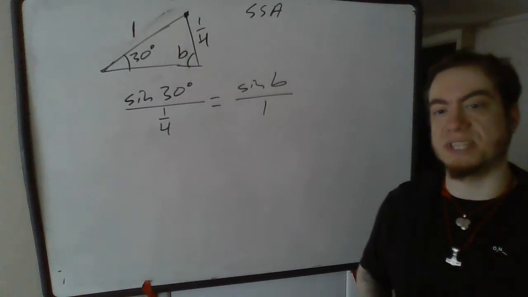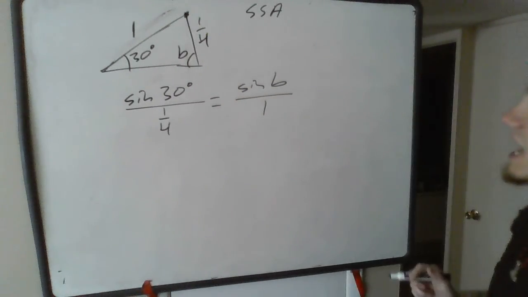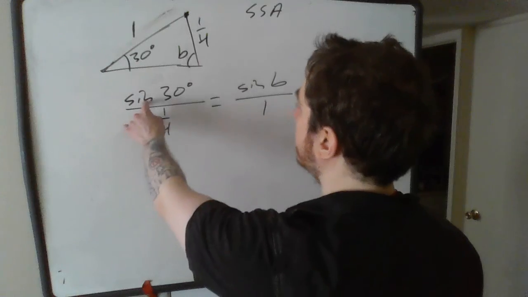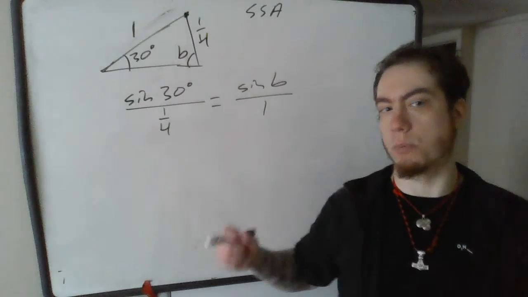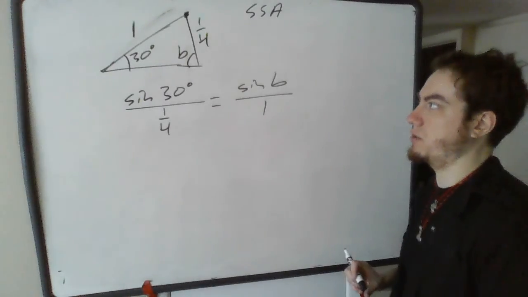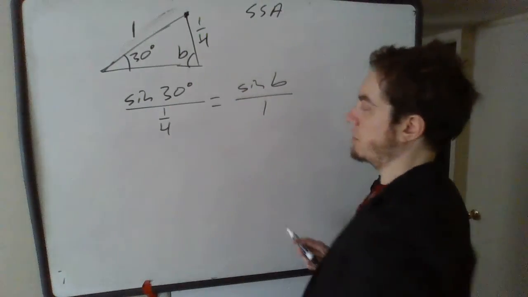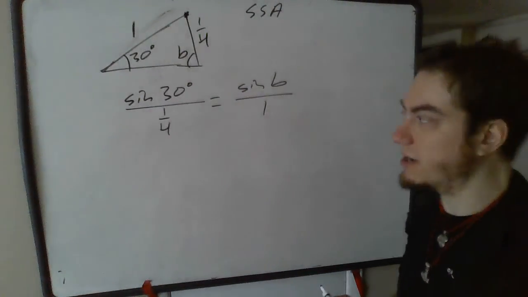That's what the law of sines tells us. And from this, well, I know what the sine of 30 degrees is. I picked 30 degrees here because it gives me a relatively nice number. I don't have to plug it into a calculator. But in general, you plug this into a calculator, you get a decimal approximation, and that's fine.